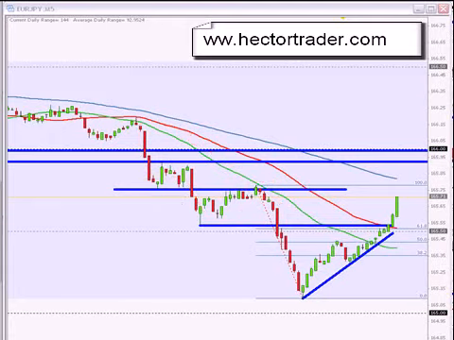We have a previous double bottom here, former support, now working as resistance. Also, this is the 50% Fibonacci level. I've measured it already, and of course, the dynamic area of resistance.